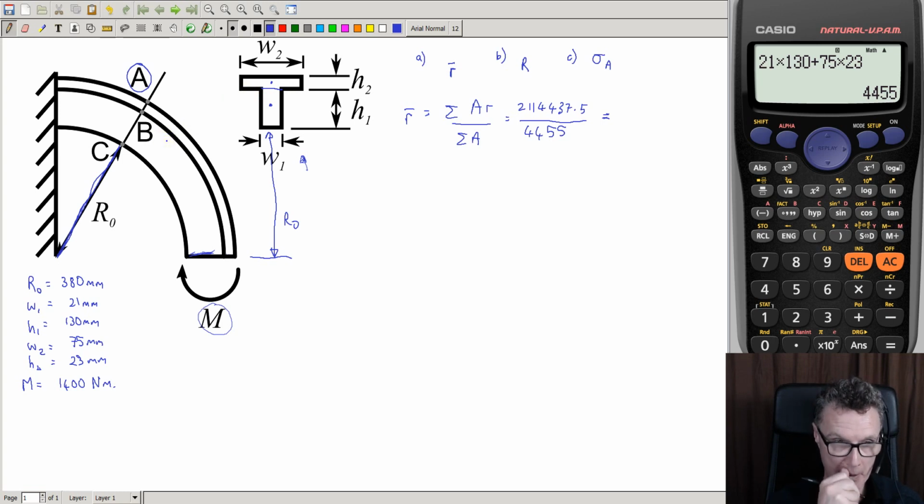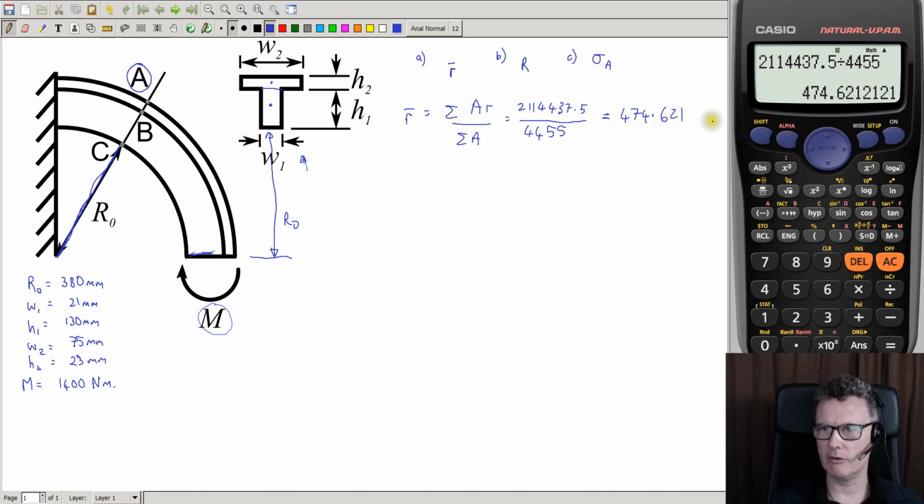So 480 maybe, something like that. Let's see if we get a number like that then. So 2114437.5 divided by 4455 equals 474.621.